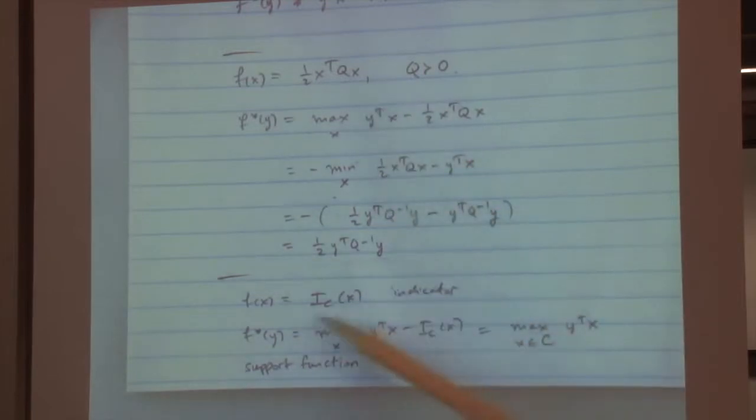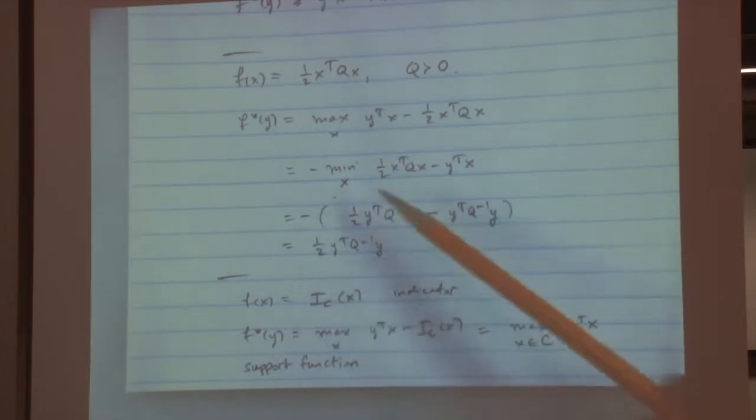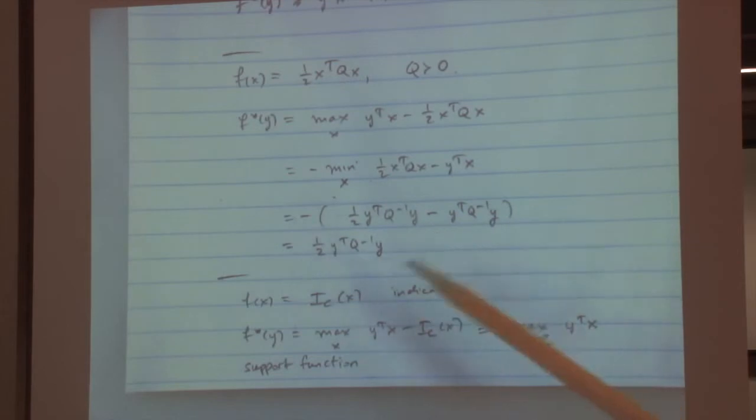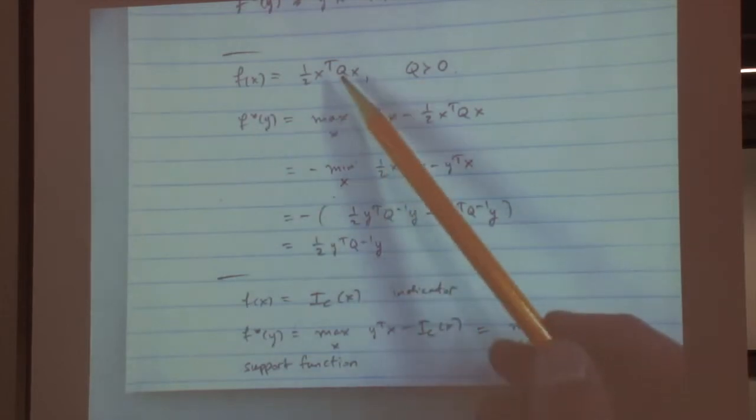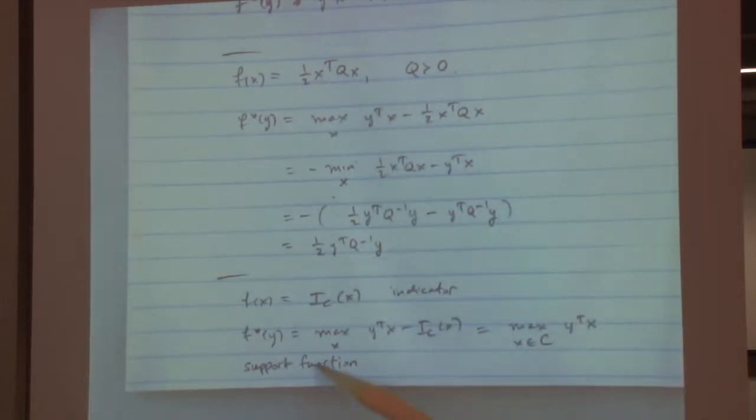Actually, this is closed and convex if C is closed and convex, which means that since we derived the conjugates one way, we know that we also have the other way. So if I asked you what the conjugate of this was, it would be that. And if I asked you what the conjugate of the support function was, it would be the indicator. Right, just from this last property, or the third property here. F star star equals F.